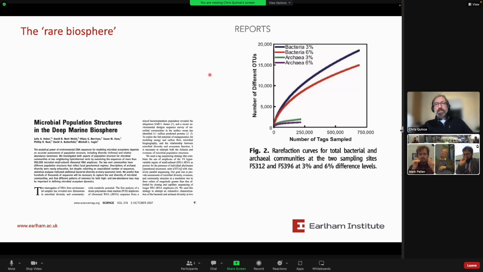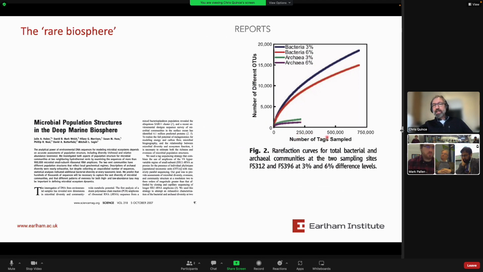Now, when I started in 16S analysis, this is the sort of thing people were doing. This was based on the old GS20, so this paper is from 2007. And basically, wherever people went, they found vast amounts of microbial diversity. So this is a study done by Mitch Sogin, I think this was deep sea vents.